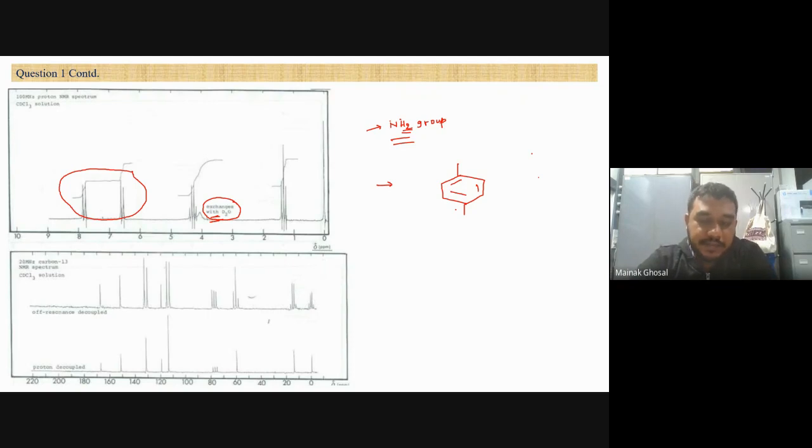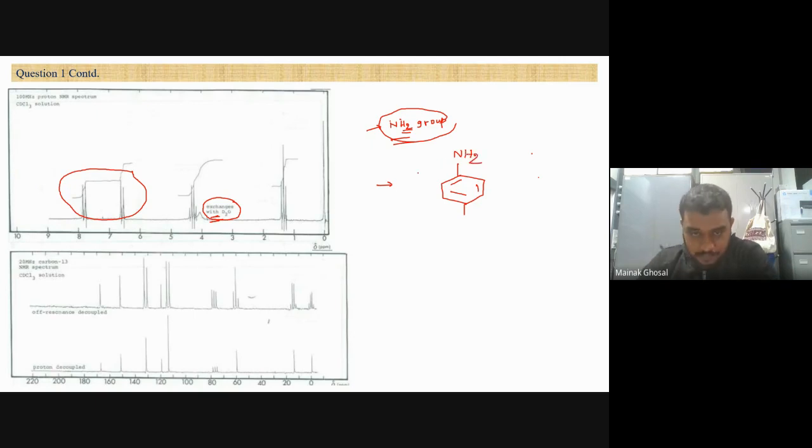You have seen in the previous assignments also that if you see an AB quartet in any signal, there could be a possibility that it is a para disubstituted compound. Now what could be the substitutions? One group I can identify is the isolated NH2 group.